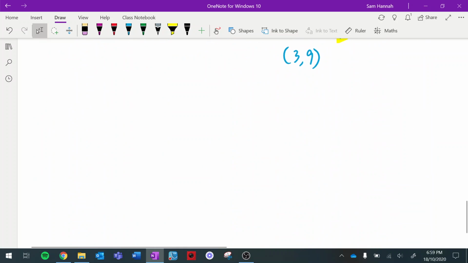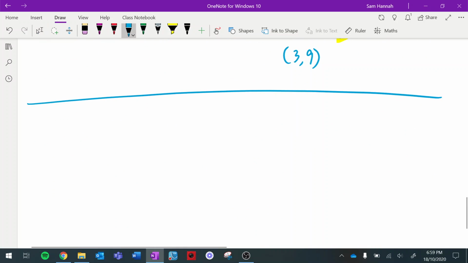Alright, one final example for us today. That one looks like this. Okay, well here you notice that it is a turning point form graph.